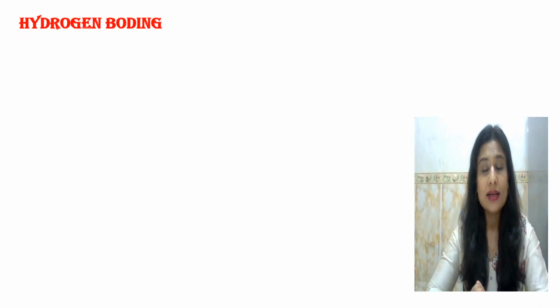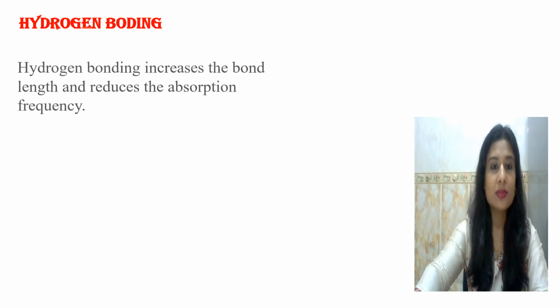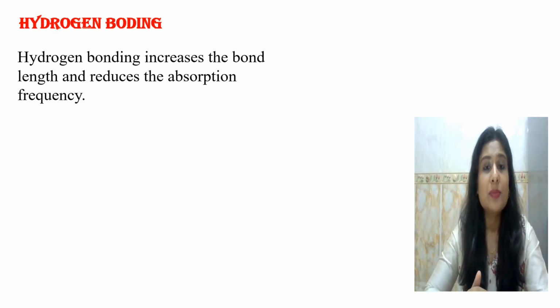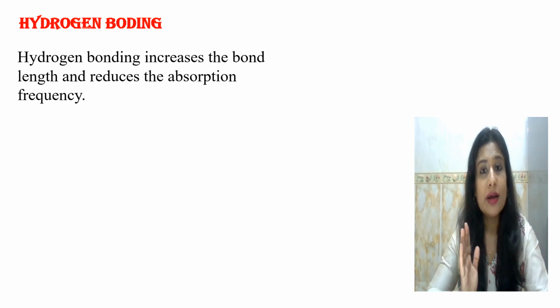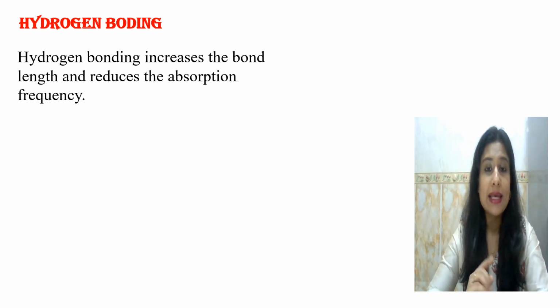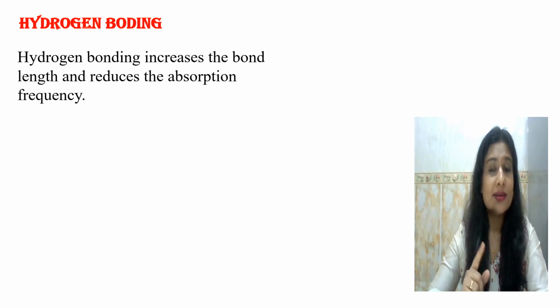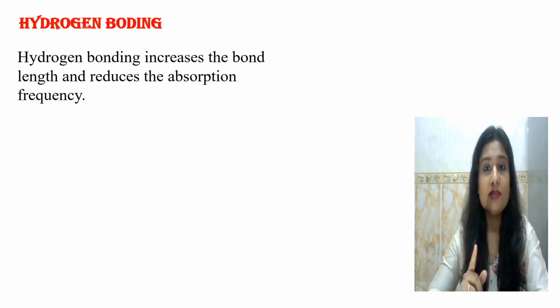Next, the factor that affects the vibrational frequencies is hydrogen bonding. Now we know the presence of a hydrogen bond increases the bond length. Hydrogen bonding is quite similar to the mesomeric effect. It increases the bond length, decreasing the bond strength, decreasing the force constant, and thereby decreasing the wave number and the frequency of absorption.